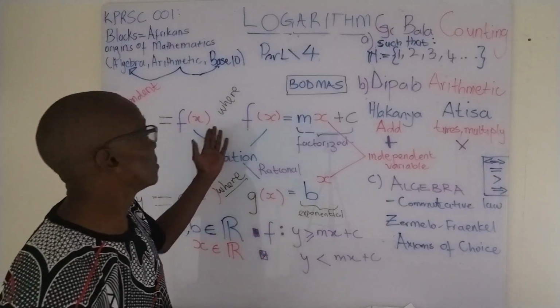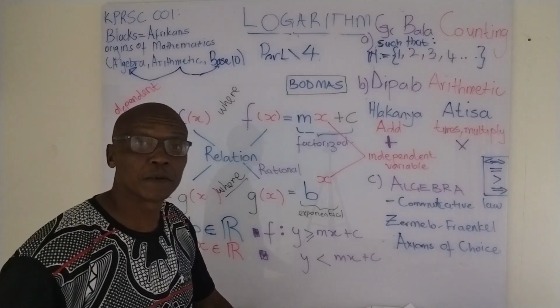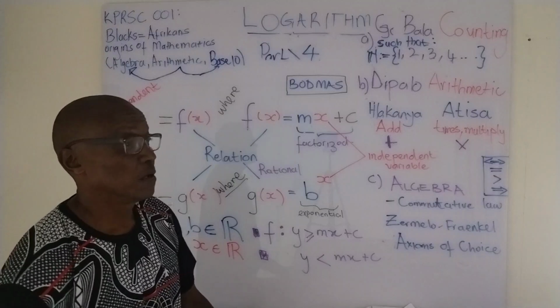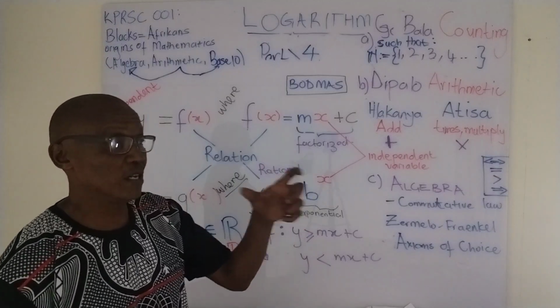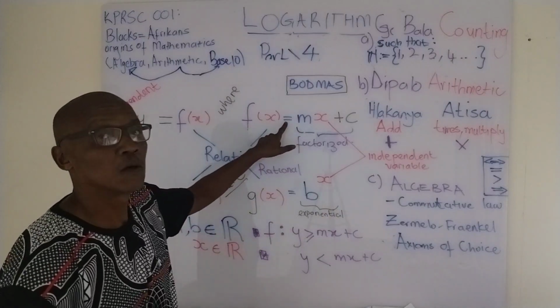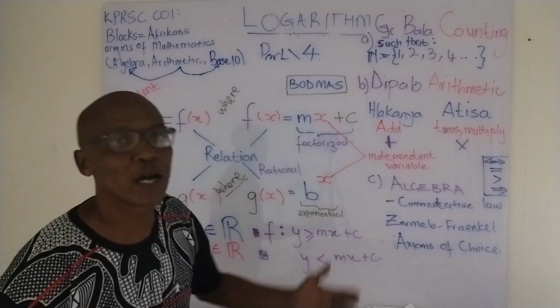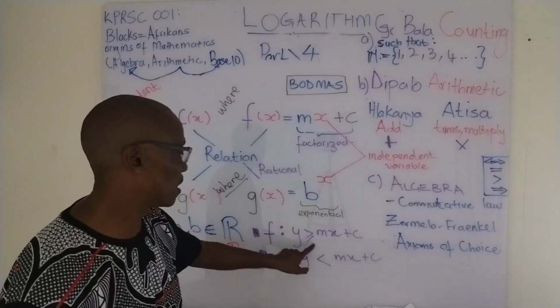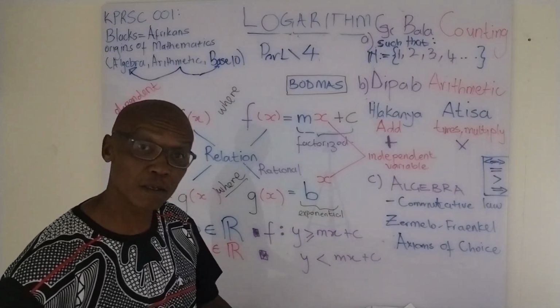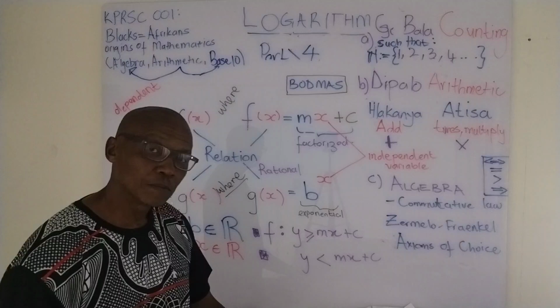Now, some people call this an equation. I don't mind, because the danger is that there's a word equation and there's an equal sign. What if it's not an equal sign? What are you going to call it? Well, they would call it inequality. Let's say there's this sign. They'll call them inequalities. They're just relating.